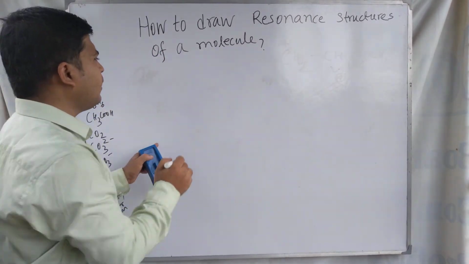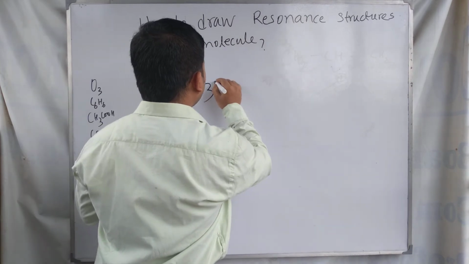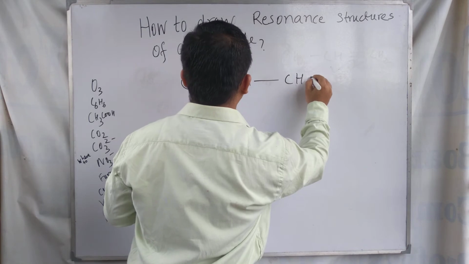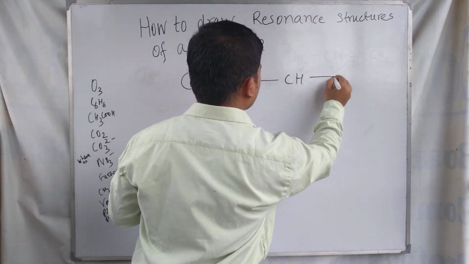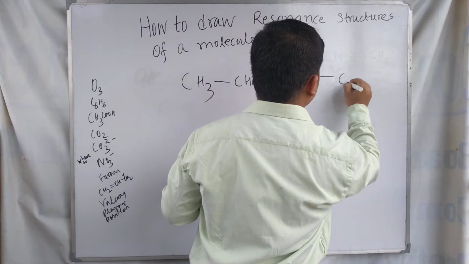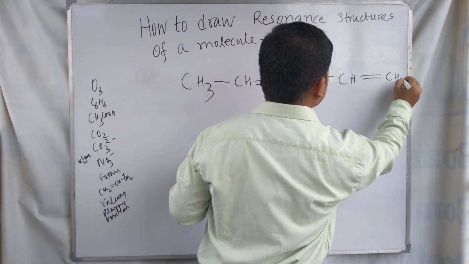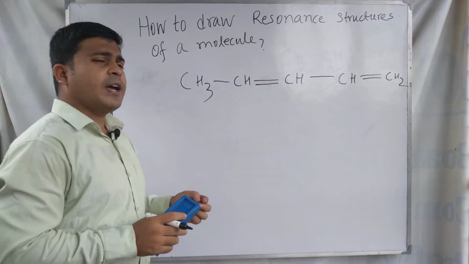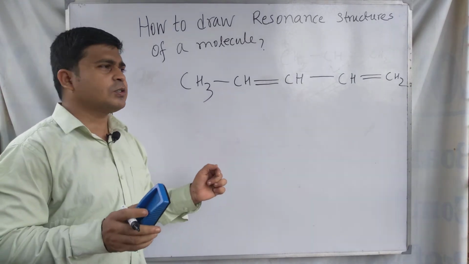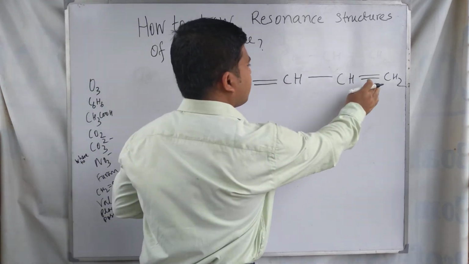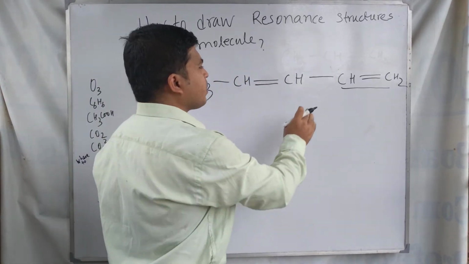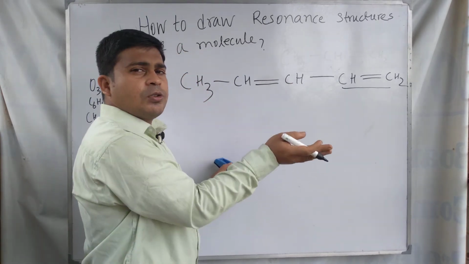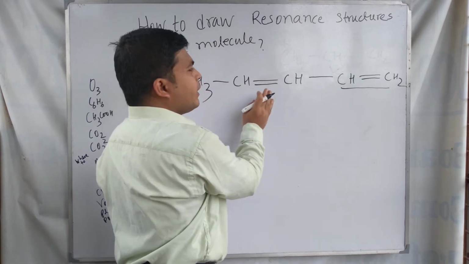At first you have to find whether a resonance structure is possible for the molecule or not. Suppose this is our molecule, so you have to determine first whether this molecule has resonance structures or not. See here, this is the delocalized bond, and next one is a single bond, like benzene: double bond, then single bond, then again double bond.